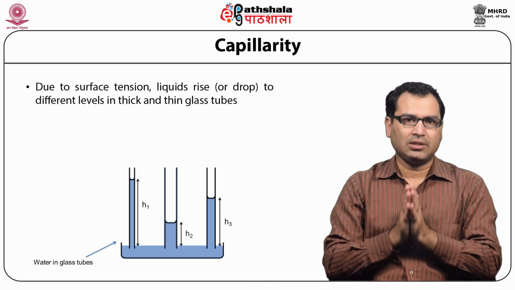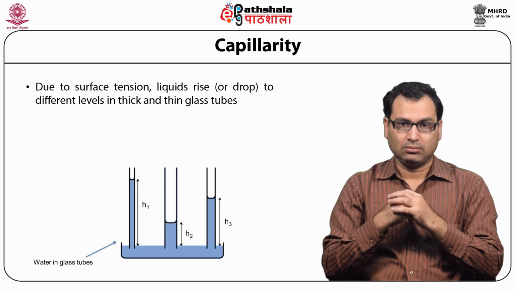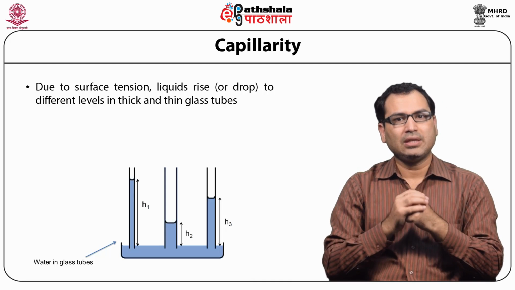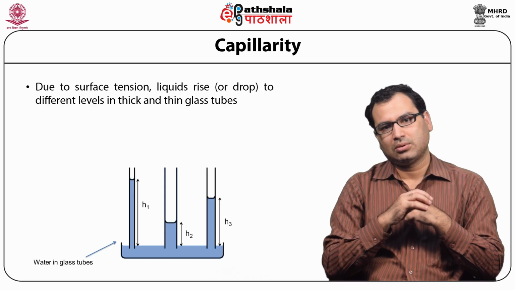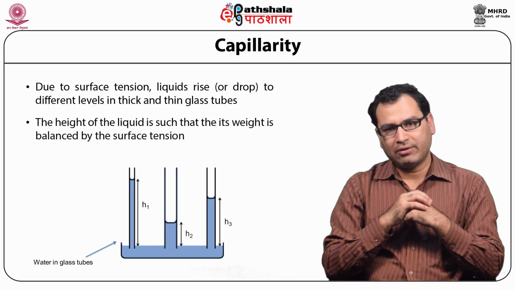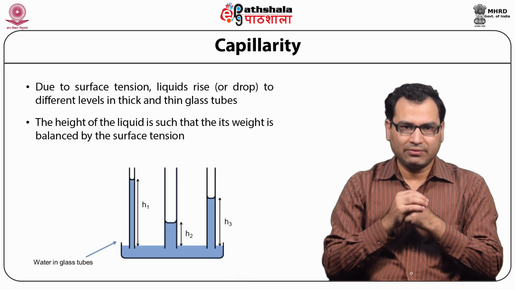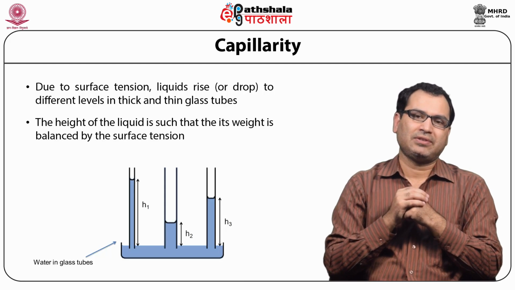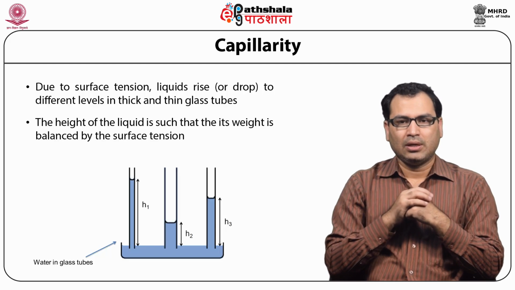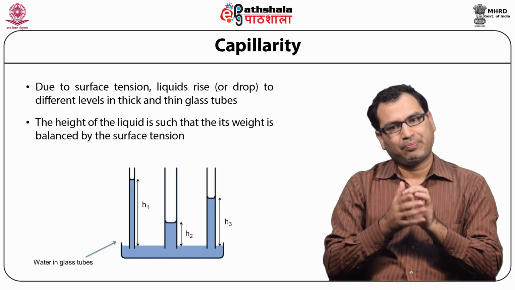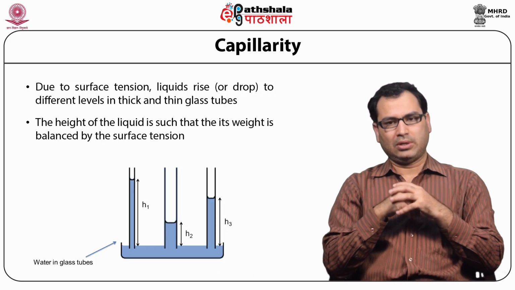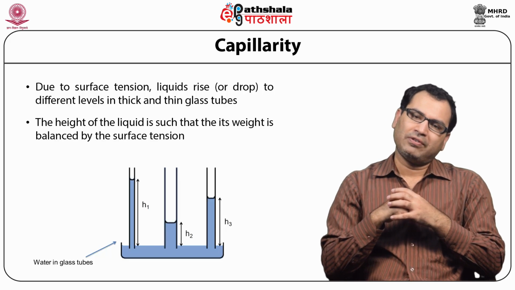So due to surface tension, liquids rise or drop to different levels in thick and thin glass tubes. And the height of the liquid is such that its weight is balanced by the surface tension. In the picture here, we have three glass tubes of different diameters.